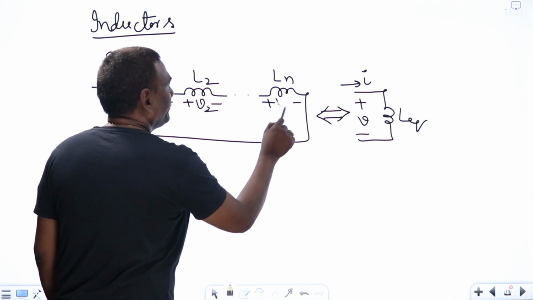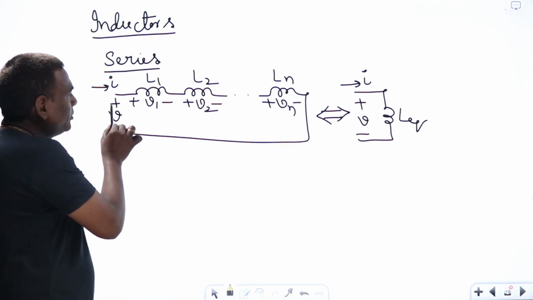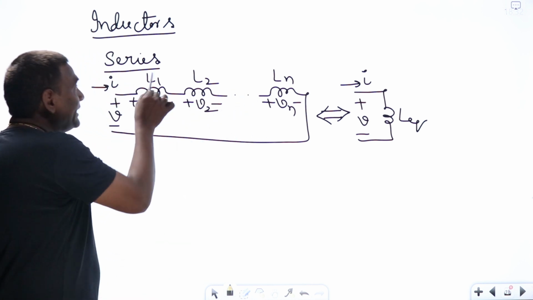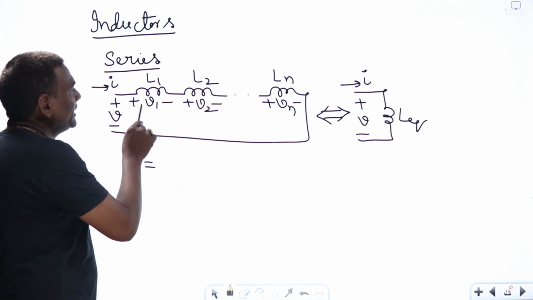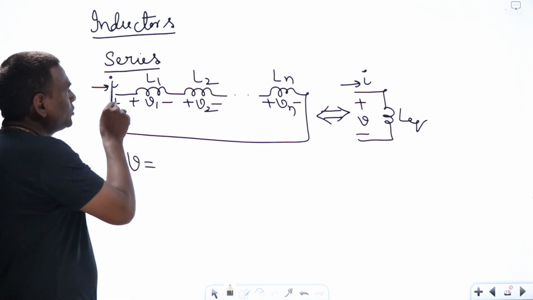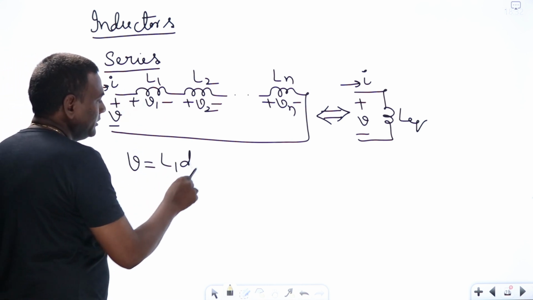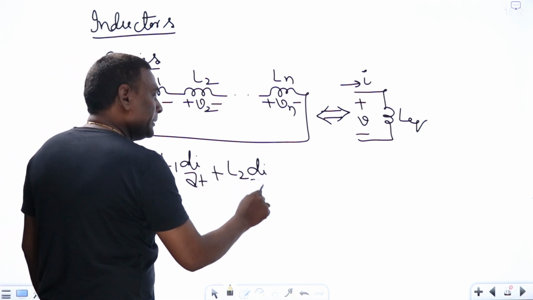Now see here, V1, V2, Vn. If I apply KVL, V equals plus V1 plus V2 plus Vn. What is V1? L1 into di by dt. So V is going to be V1 plus V2 plus V3 and so on. So L1 di by dt plus L2 same di by dt.